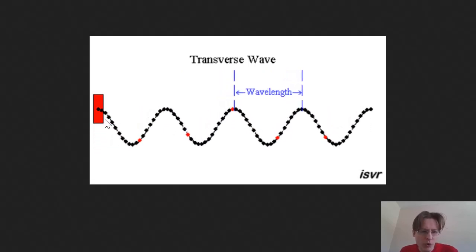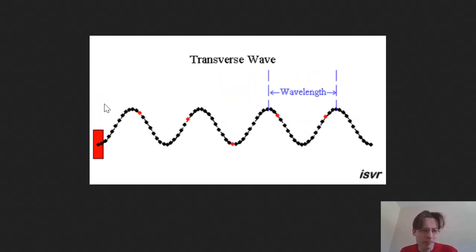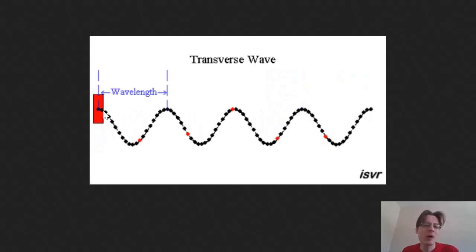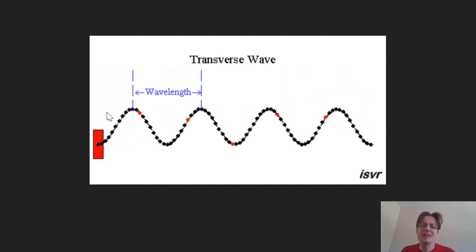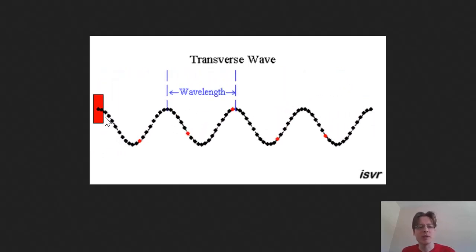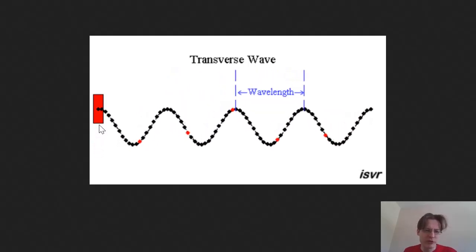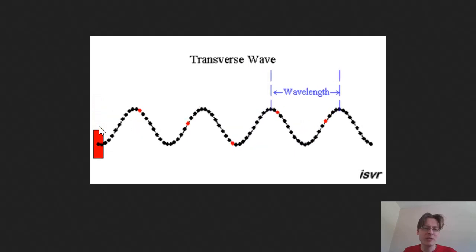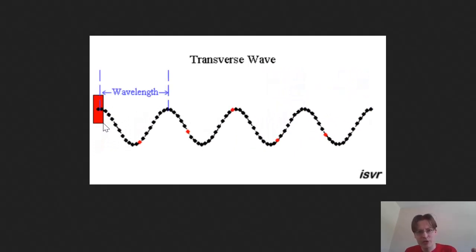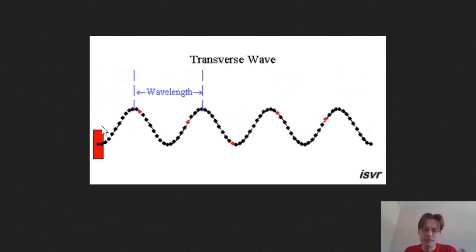Also, of course, the string is moving up and down as well, and the up and down motion indicates that there's kinetic energy in this wave also. So what we want to do is figure out the total energy involved, and that's going to be including kinetic energy and potential energy.